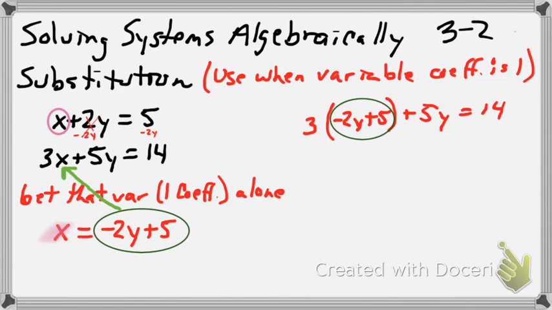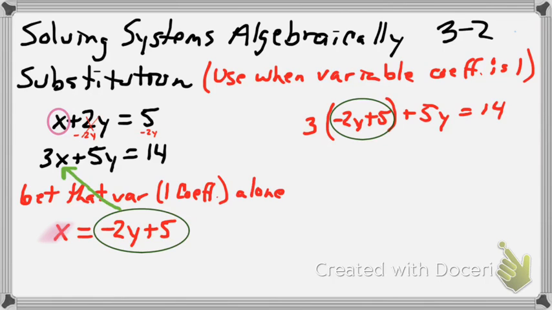So it becomes not 3x, but 3 bubble plus 5y equals 14. What does that do for us? Good question. That gives us an equation that has only one variable in it. If you look, that red equation up there only has a y. And that means that we can solve for y.